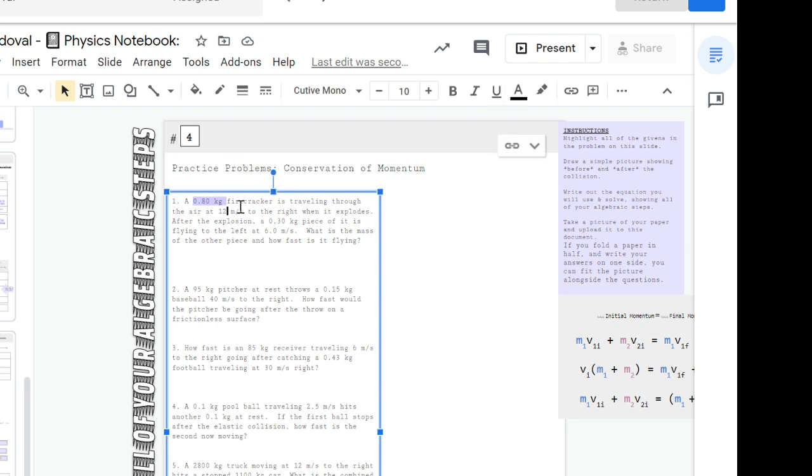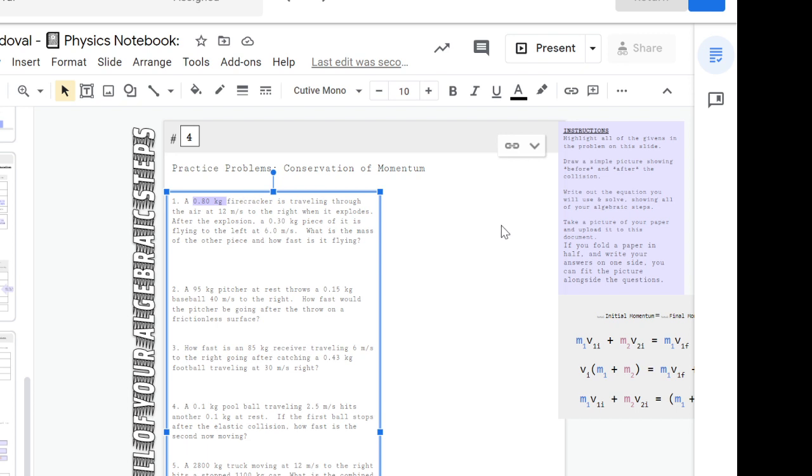So each of these problems require you to highlight your givens, draw out a super simple picture that shows the before and after situation for each problem. I do not expect you to draw it on the Google slide. Unless you have a lot of patience, go for it, but it's totally fine if you just write it on a piece of paper.